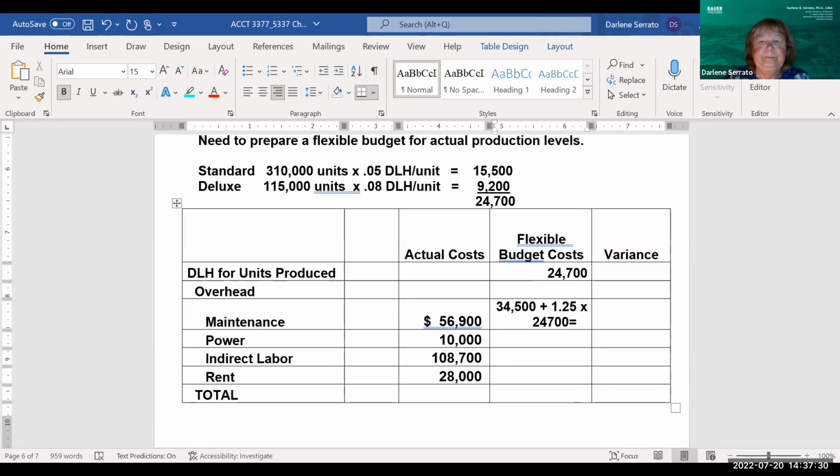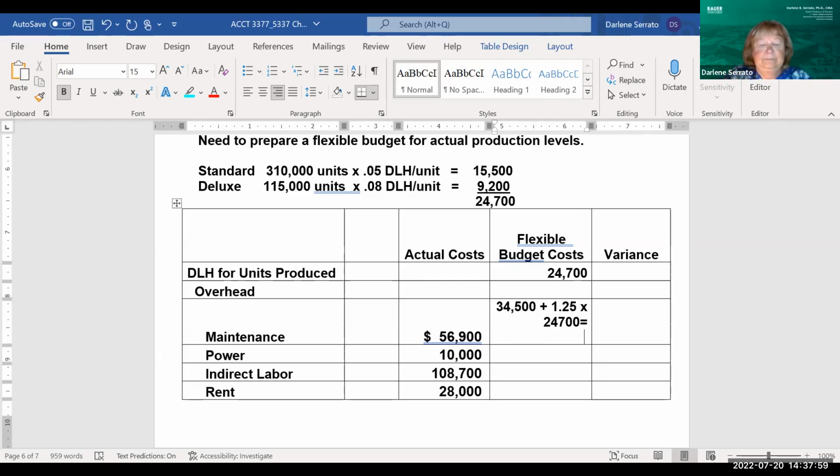What is that going to equal? $65,386.50.